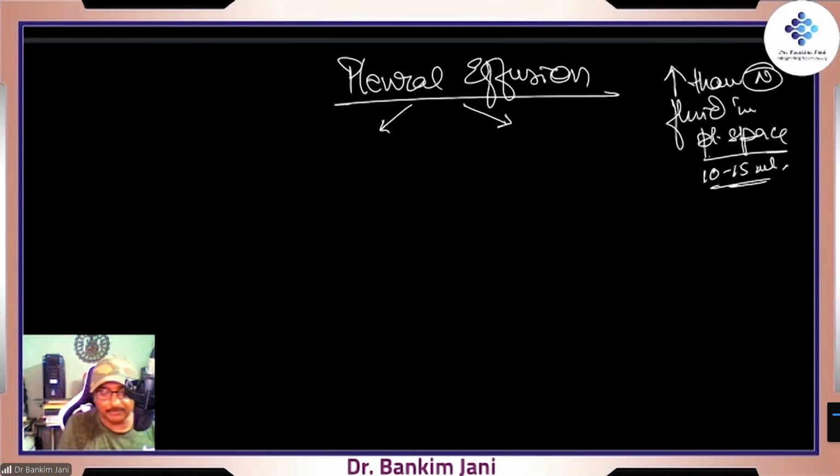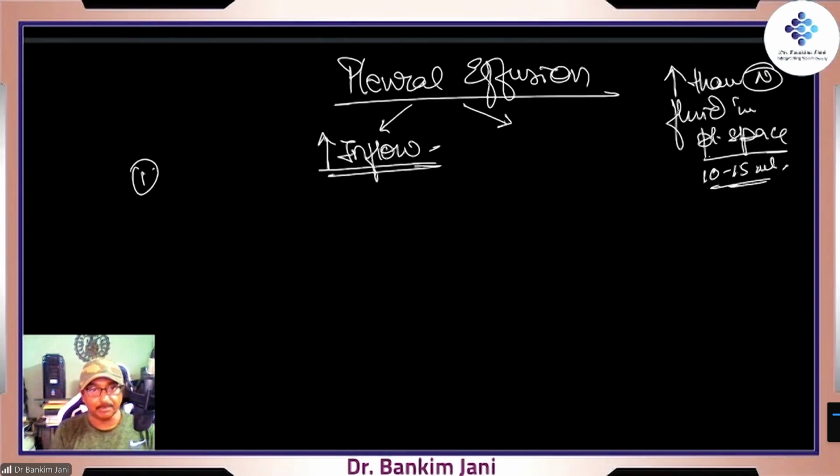So in pleural effusion, there is increased inflow. First, we talked about the pleural blood vessels, the intercostal vessels. The intercostal vessels are normal. That's a major contributor.